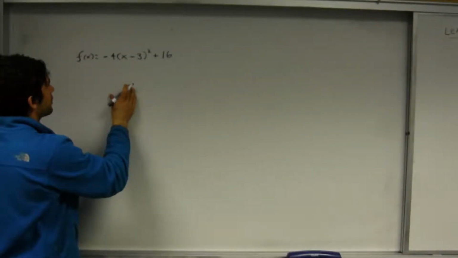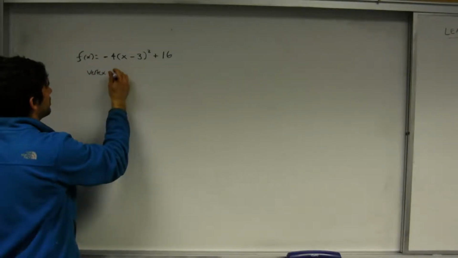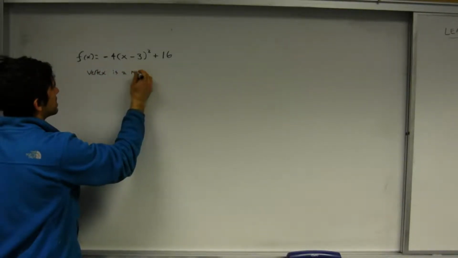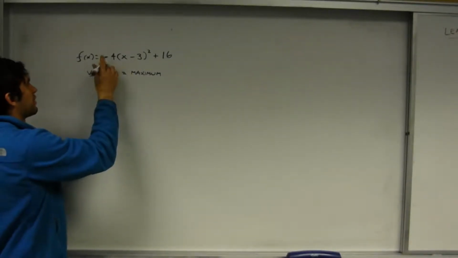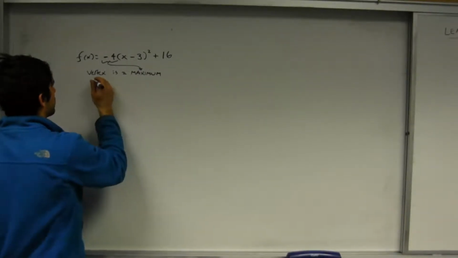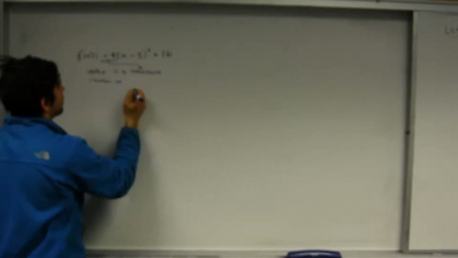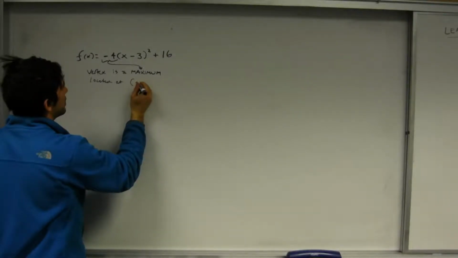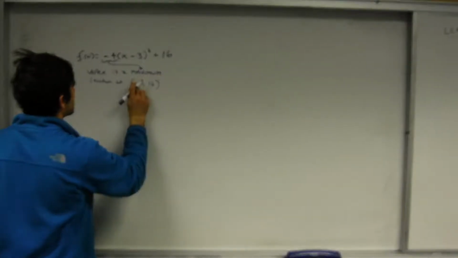So our vertex this time is going to be a maximum, since we have an a value of negative 4. And it is located at the point negative 3, 16, or positive 3, 16. Sorry, that's a common mistake.